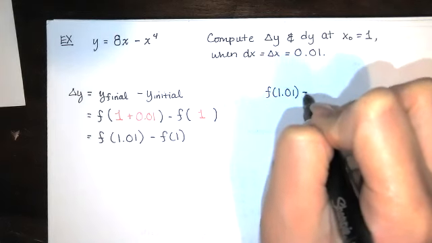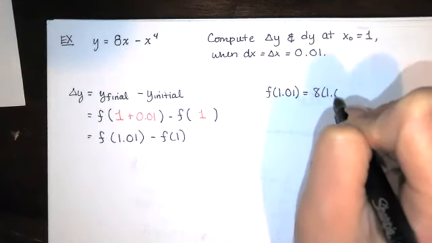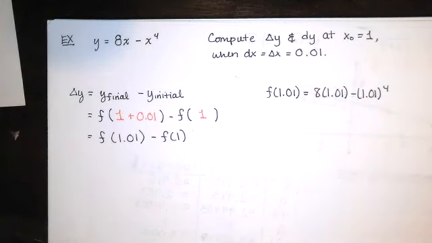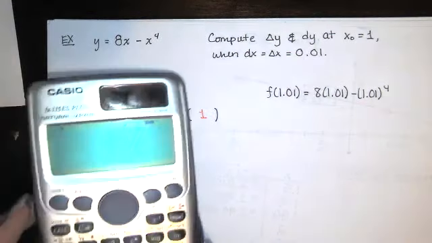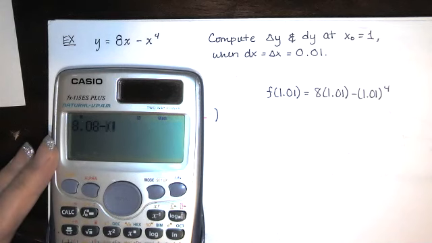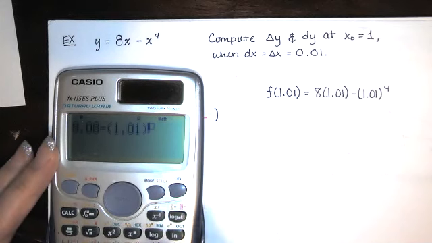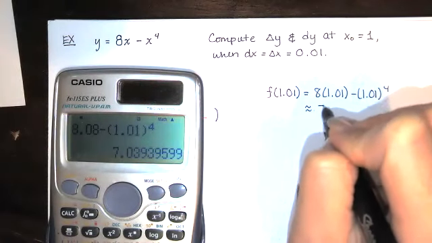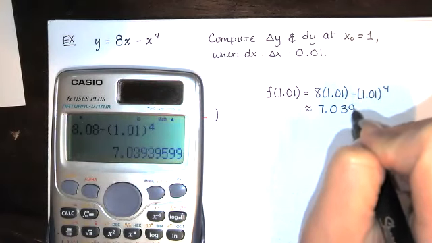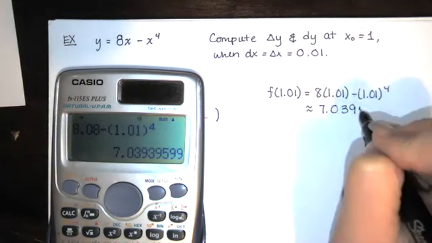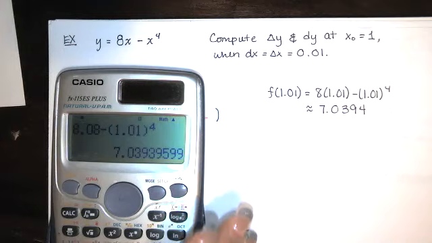F of 1.01 is 8 times 1.01 minus 1.01 to the fourth. I have 8.08 minus 1.01 to the fourth, which is approximately 7.0394. Let's round to 4 decimal places.